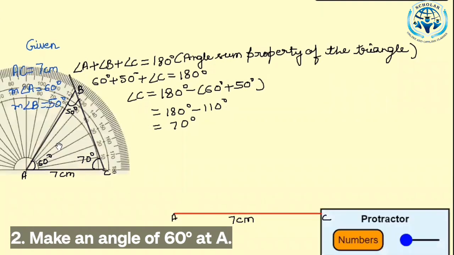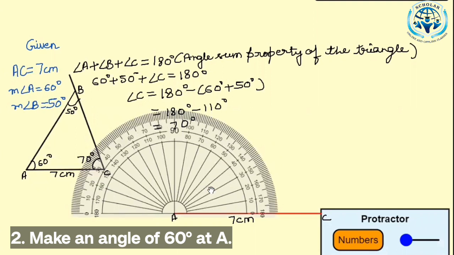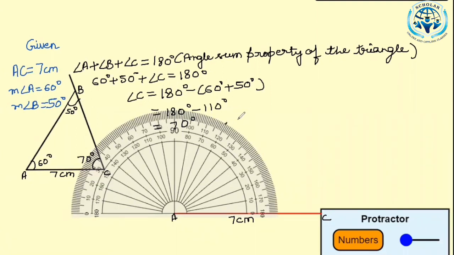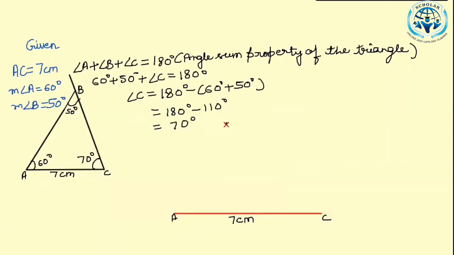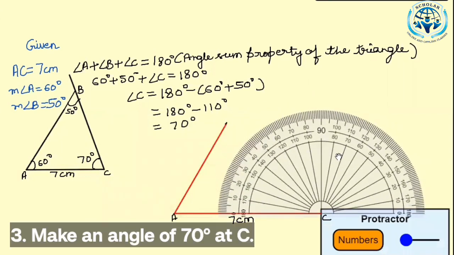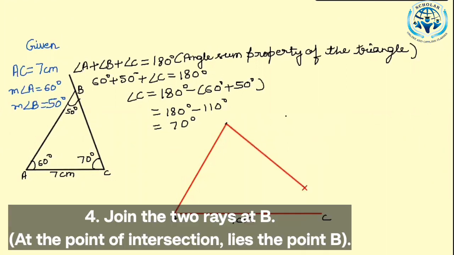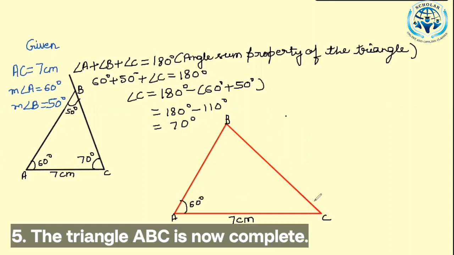At C, draw the angle 70 degree. Now the triangle is complete.